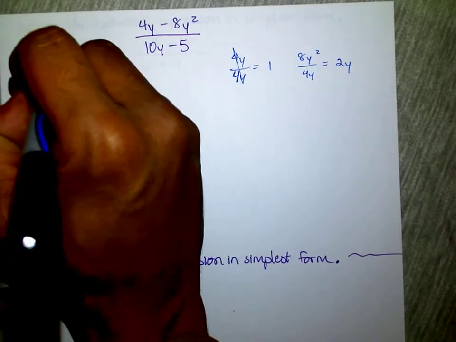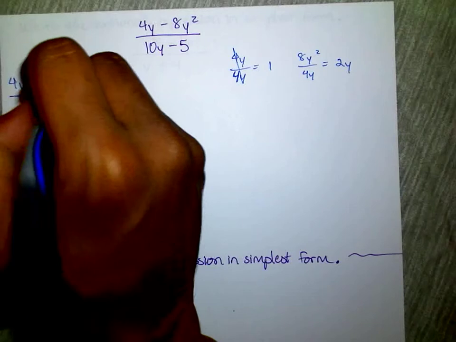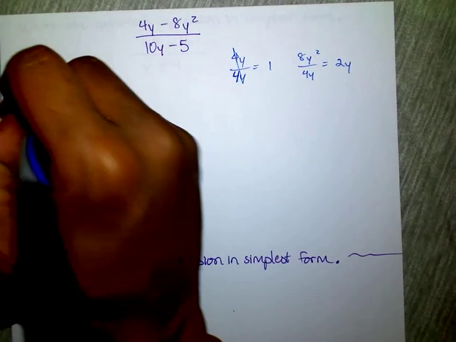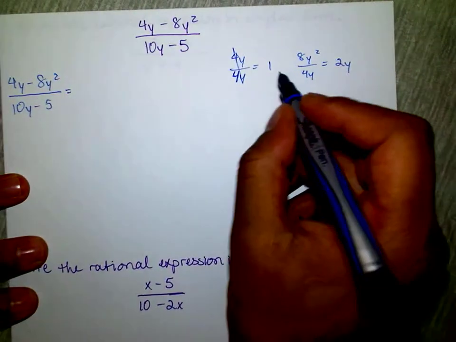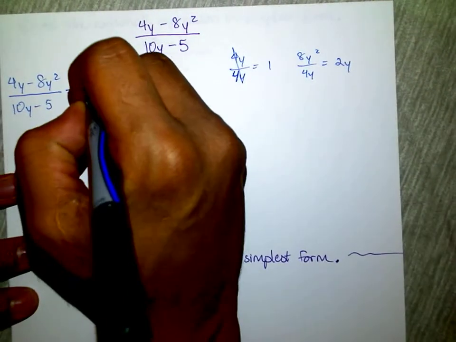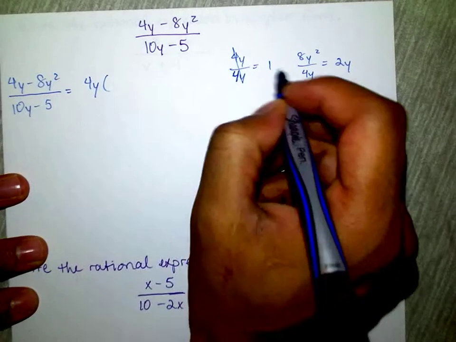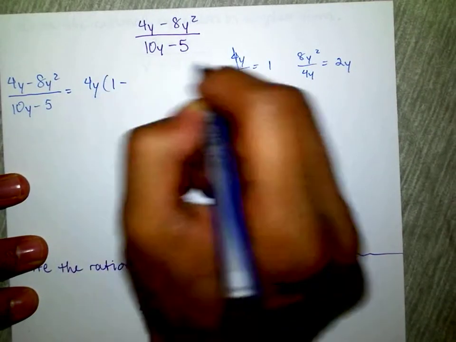4y minus 8y squared over 10y minus 5. Rewrite that. If I pull out a 4y from there, that's going to leave me with 1, then minus 2y.